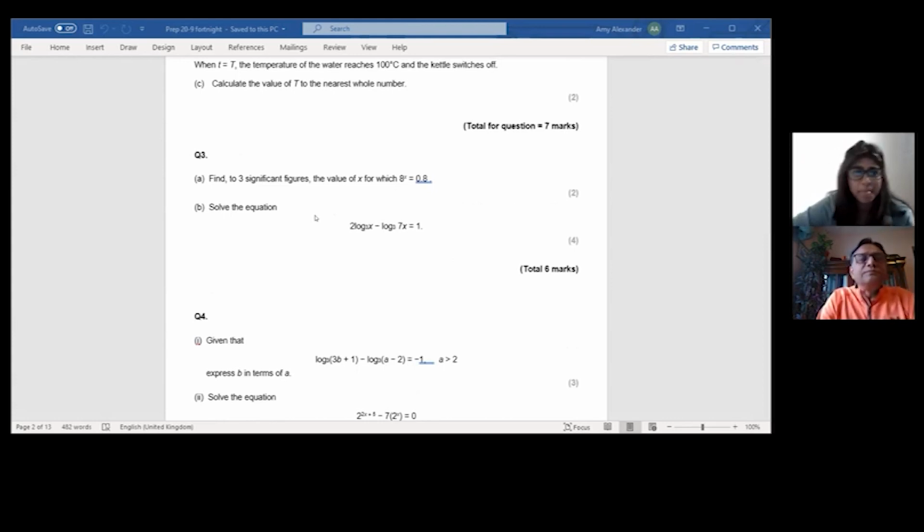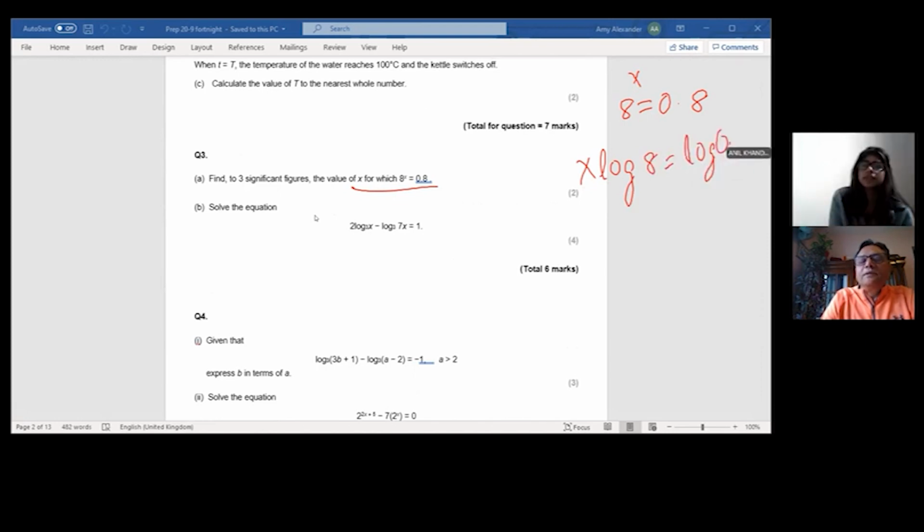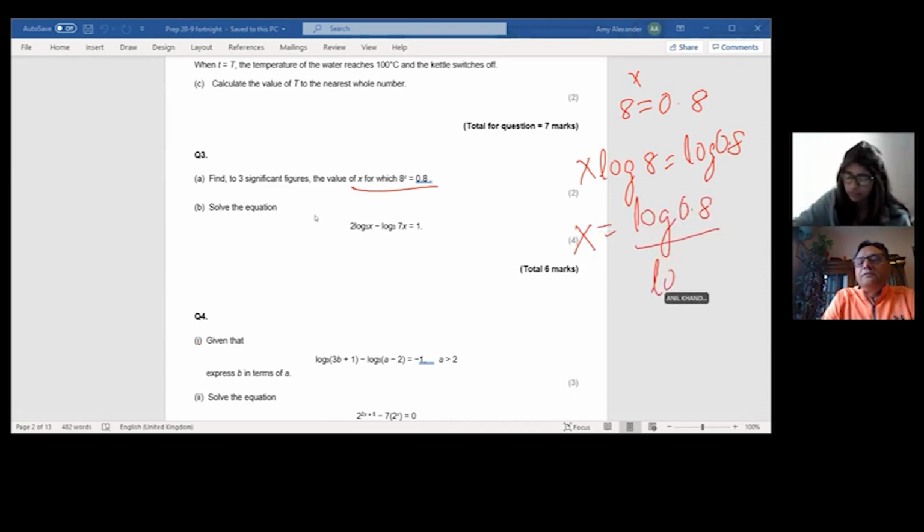Find, to 3 significant figures, the value of x for which 8 to the power of x is 0.8. So just take logs on both sides. x log 8 equals log of 0.8. So x equals log of 0.8 divided by log 8, correct?